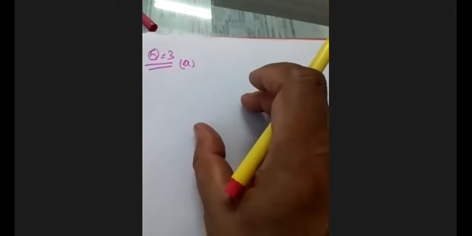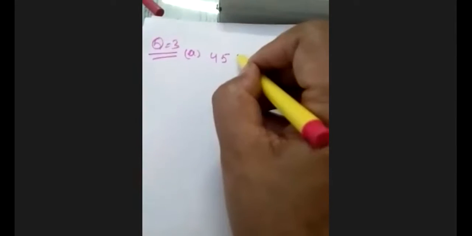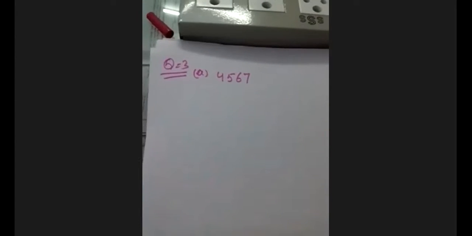Now give reason why. First number is 4567. Give reason why this number is not a perfect square.